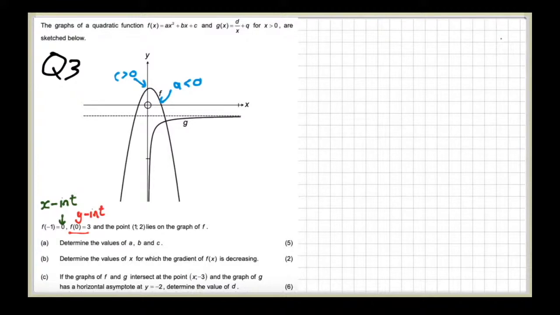And lastly, they give me a set of coordinates, 1, 2. I'm sitting with an issue.